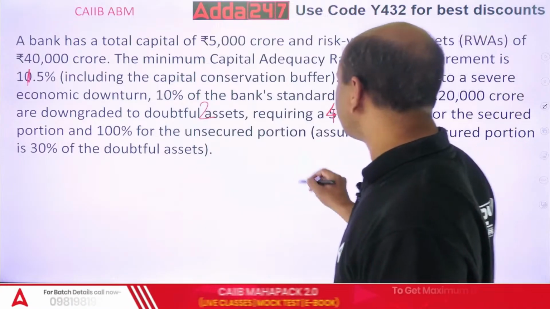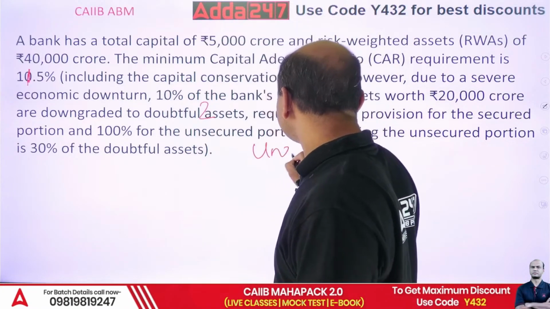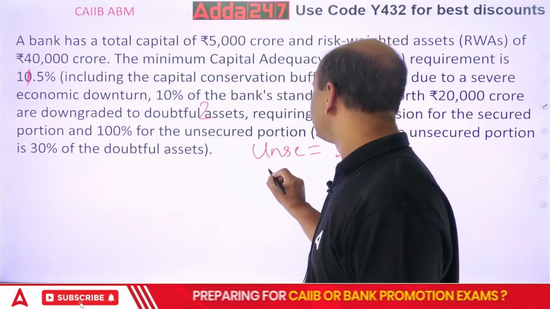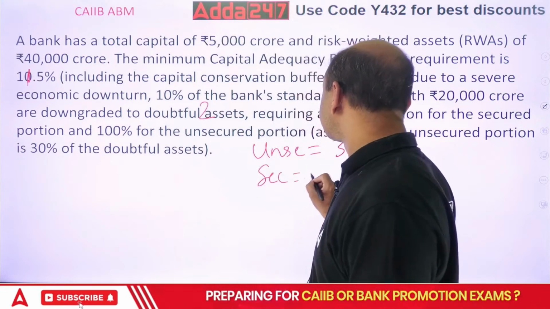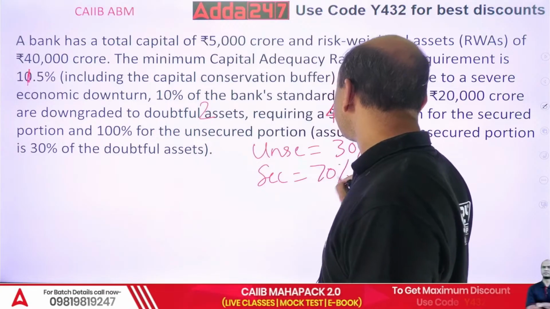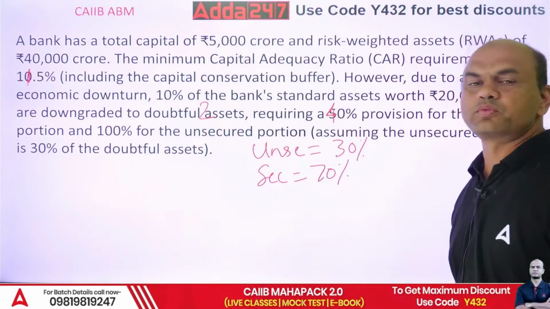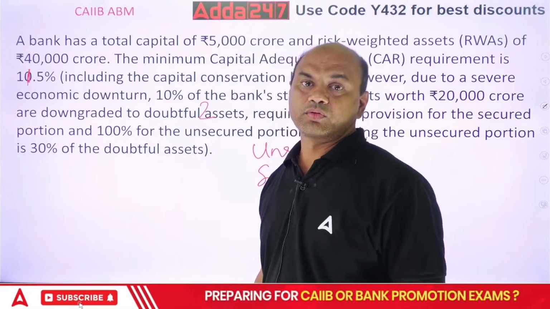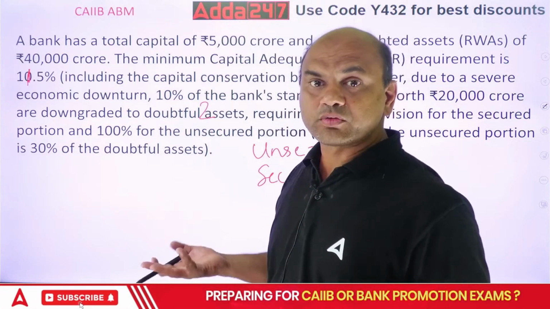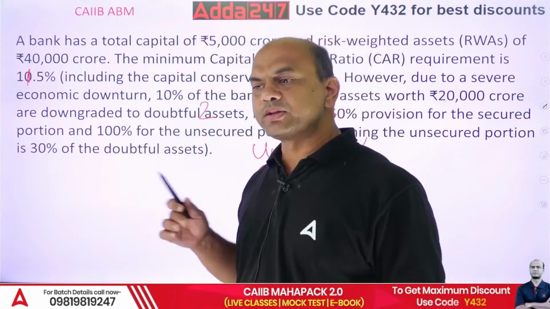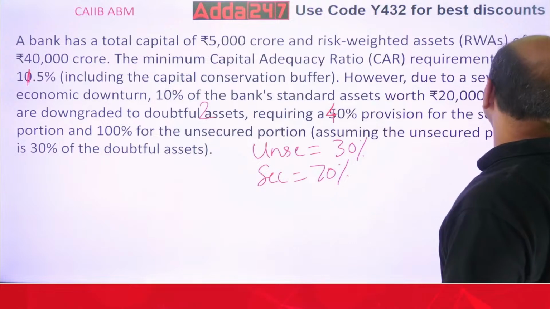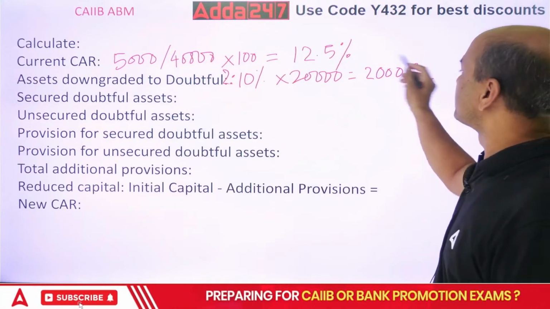So unsecured equals 30%, and secured will be 70% of the total doubtful assets. How many have been converted to doubtful? 2,000.